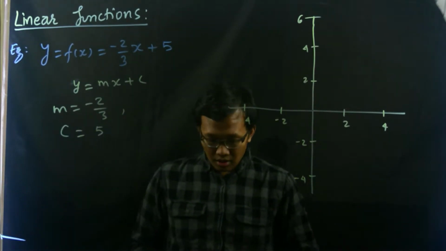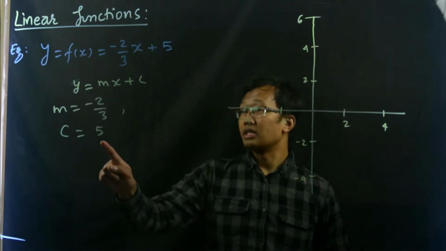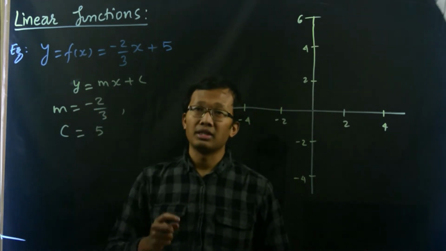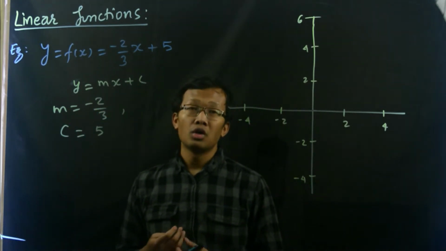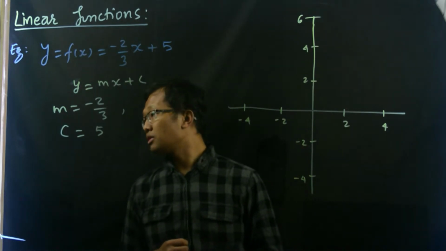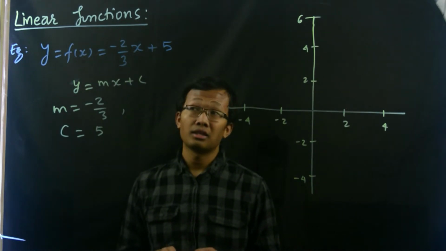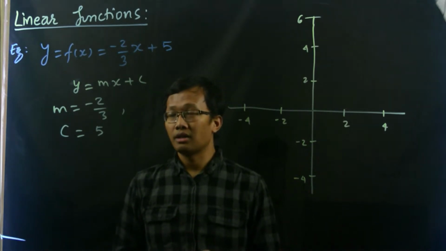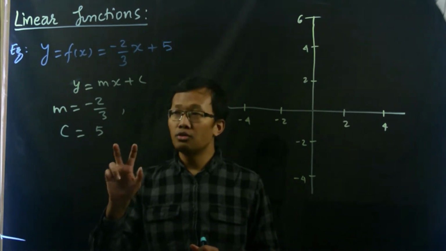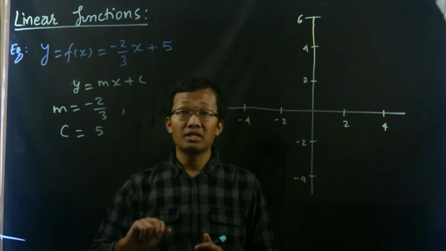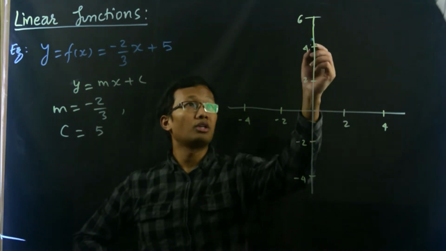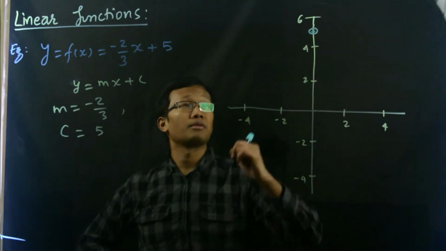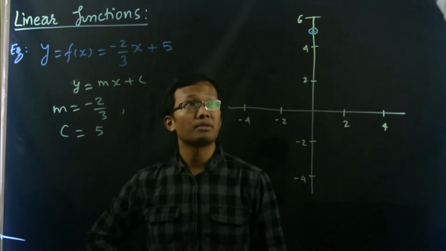That means c is the y-intercept, and m is the slope. We use the y-intercept first and then the slope to come up with the graph. So we go for positive 5 as the y-intercept, somewhere here.